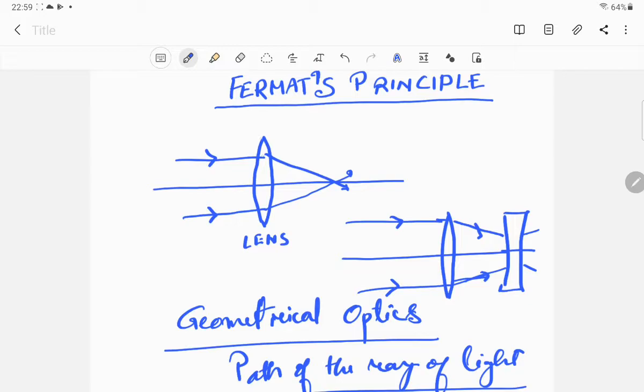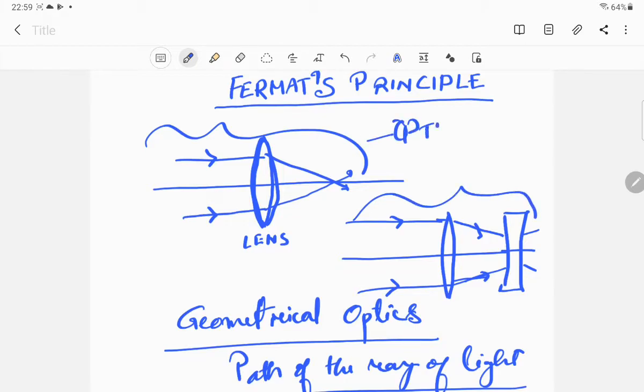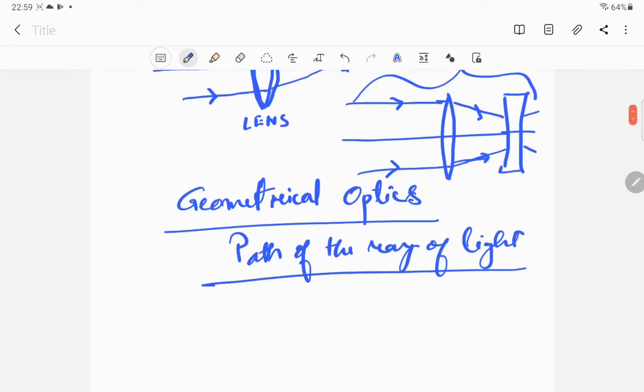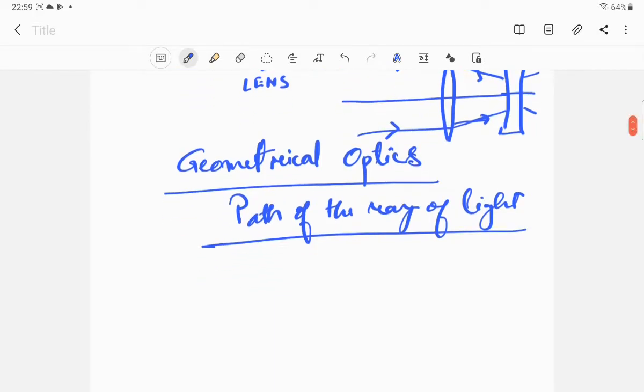This is a single lens optical system. This is a double lens optical system. These are the optical systems. In the same way, you may have an optical system with many lenses of different natures. So let us discuss Fermat's principle.